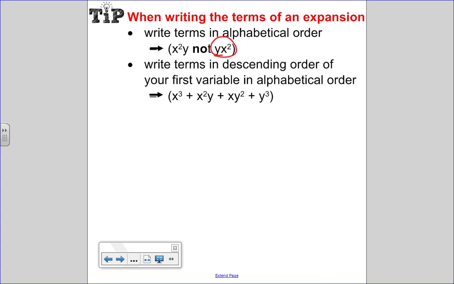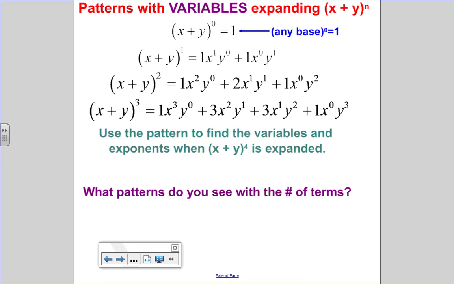All that means is that x comes first in the alphabet, so I do it in descending powers of x. You see I do 3 and then 2 and then 1 and then this is really like none. That's all that means, okay? It's a good common convention for writing variables that we want to get in the habit of from the very first step.